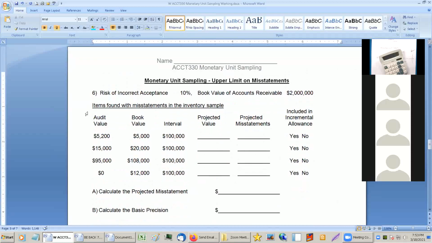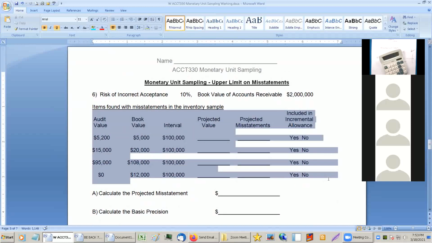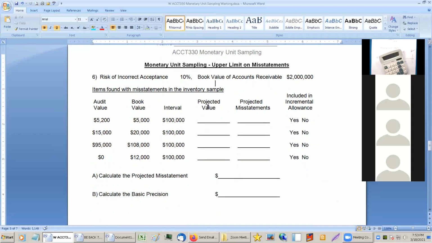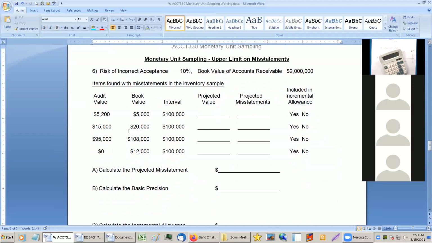If there's going to be a problem, it's going to be probably with these here. So this first one, what do we do with this one? Understated, and no misstatements. Exactly. This one's an understatement, so it looks like I have a problem. This one is just run of the mill.